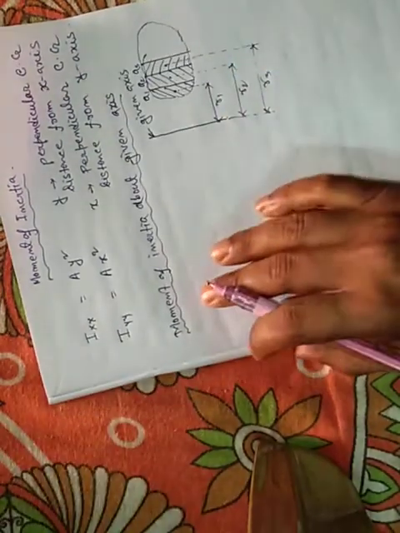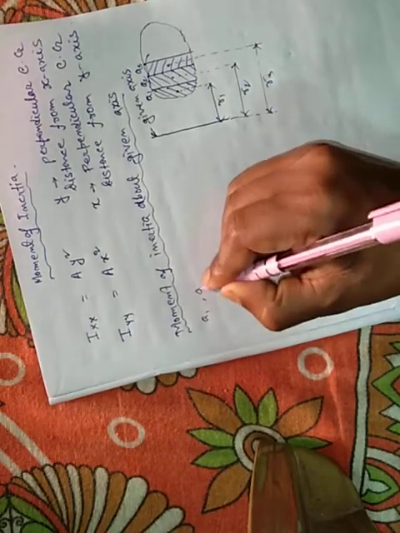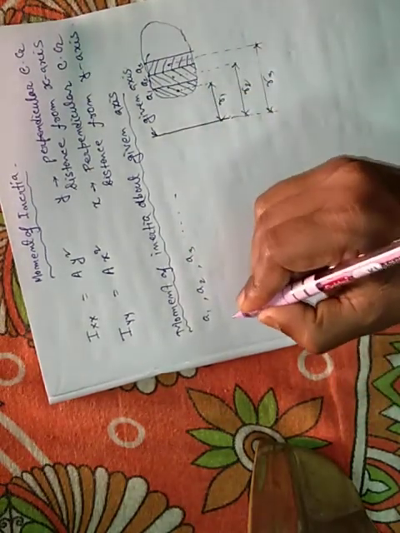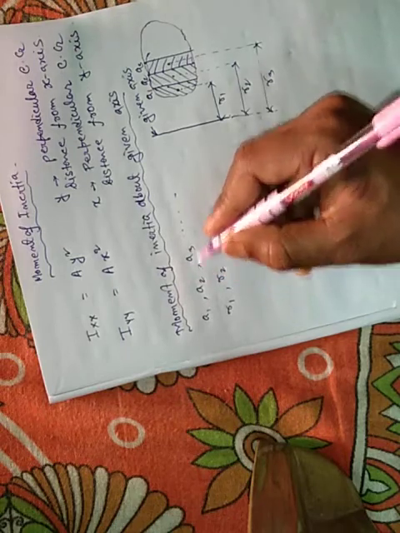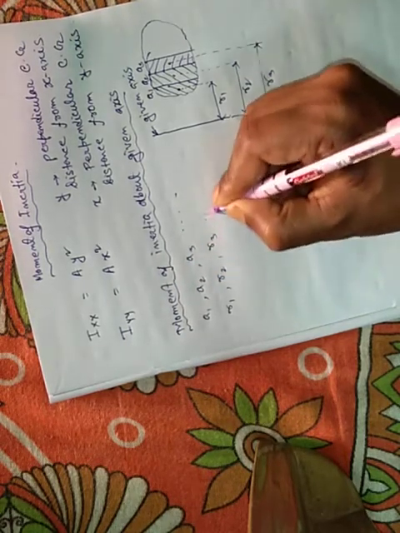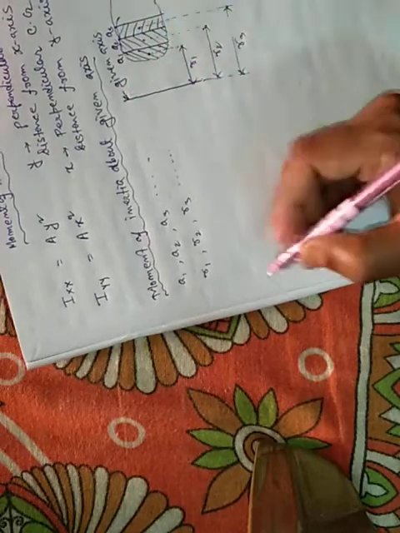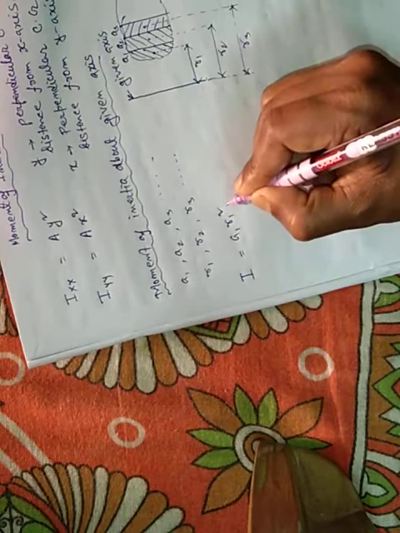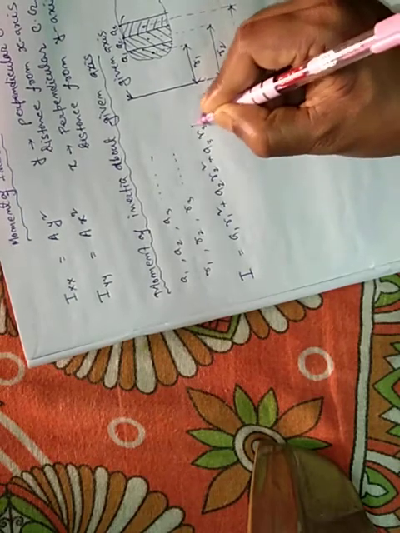The areas of the small portions are A1, A2, A3, and R1, R2, R3 are their distances. Now the moment of inertia about the given axis, say I, equals A1 R1 square plus A2 R2 square plus A3 R3 square plus so on.